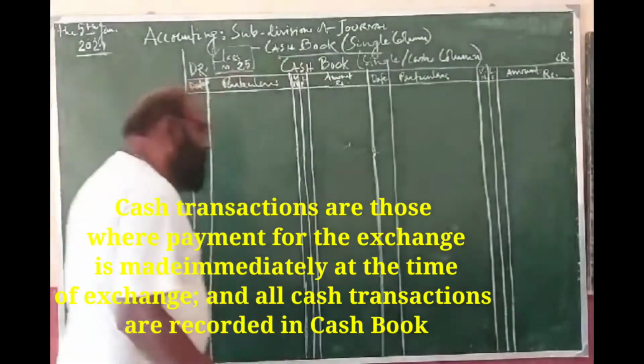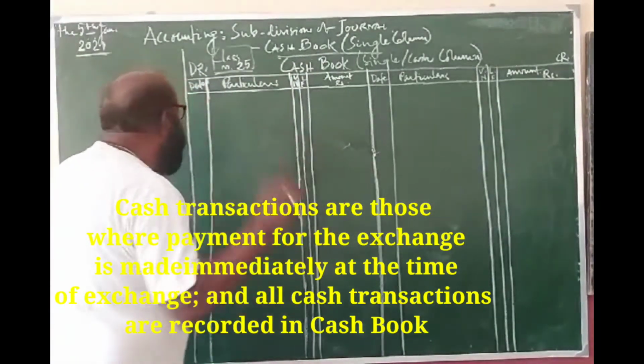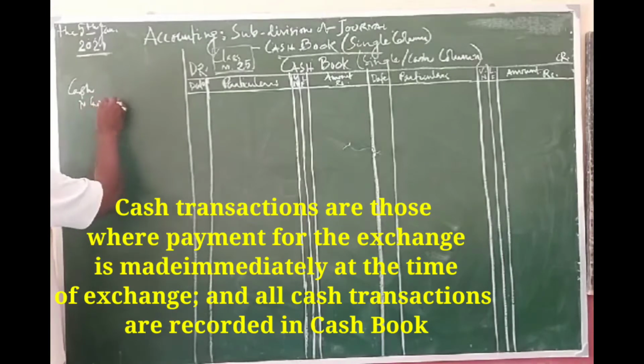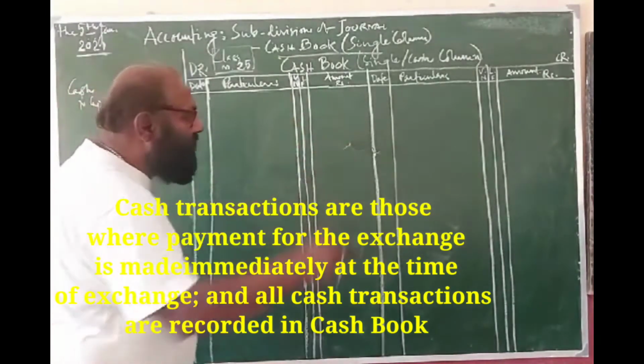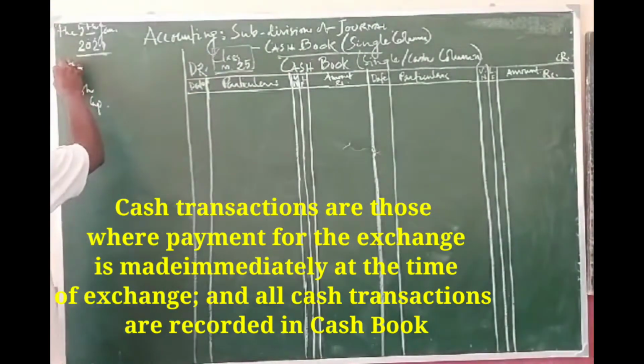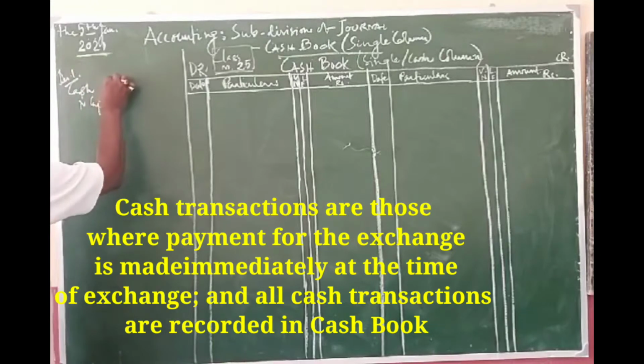I am taking some examples. You have started business. What is the journal entry? Cash account debit to capital. Say in our example, on December 1, you have started the business with capital. How much?